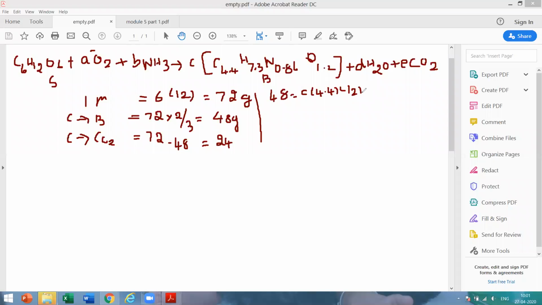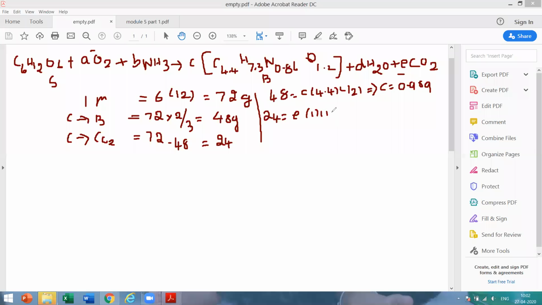So we will get C equal to 0.909. And then next, 24 is equal to E into 1 into 12.